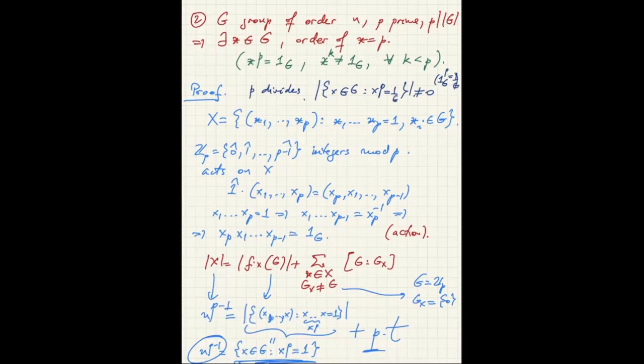So this cardinality is non-zero and is divisible by P. So there has to be at least one other element there, which is not the identity, that has the property that its P-th power equals 1. And actually any such element is going to have order P. You can prove by contradiction that the order cannot be any other number.